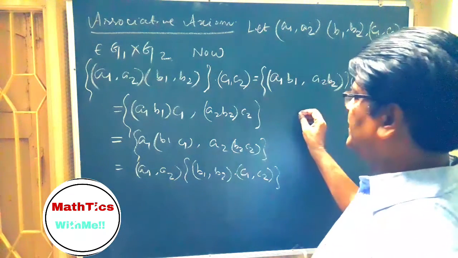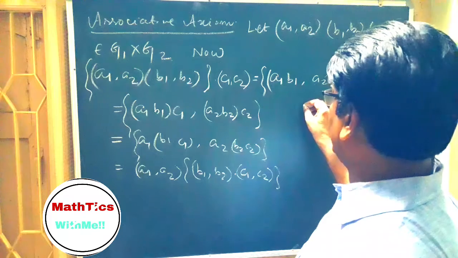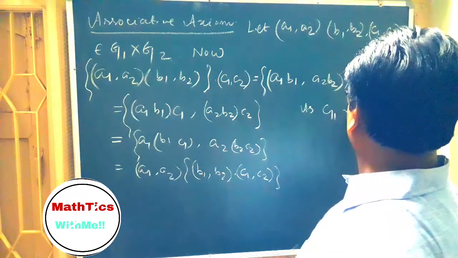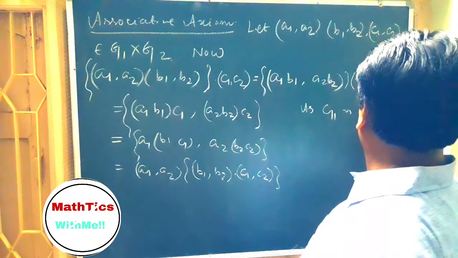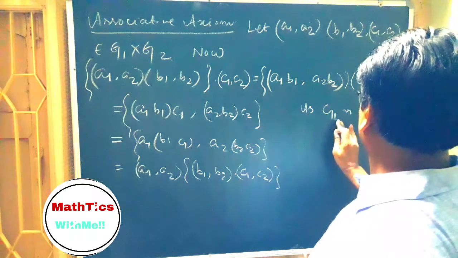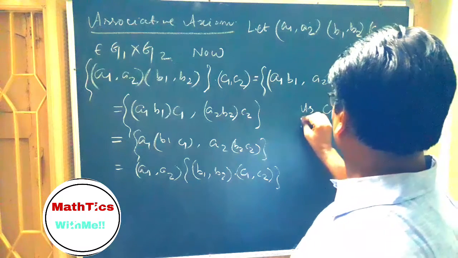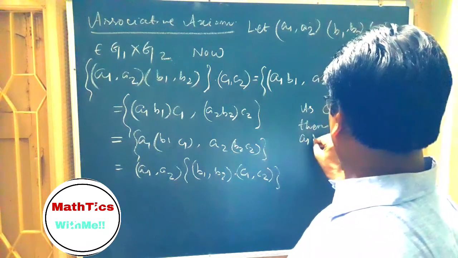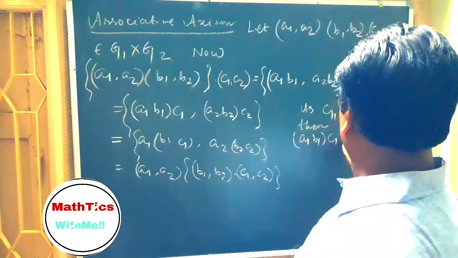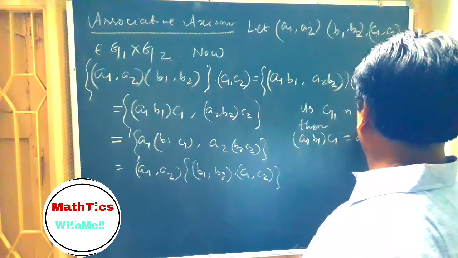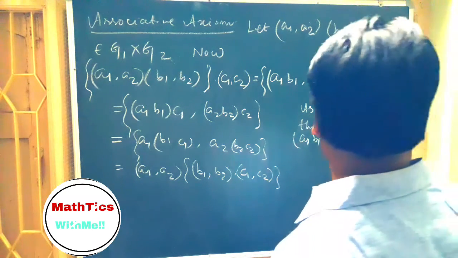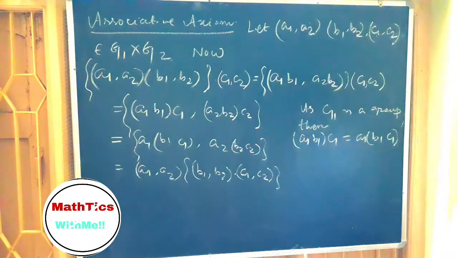Here you see, as G1 is a group, (a1 b1) c1 equals a1 (b1 c1) by the associative property.